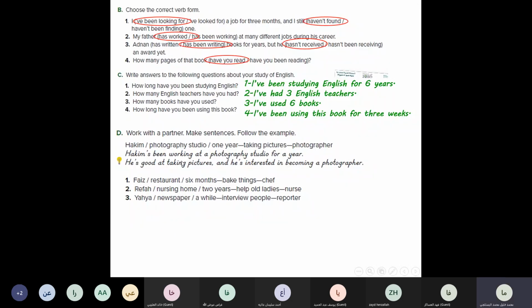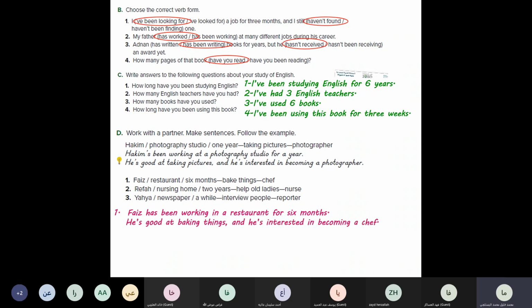Number 1. Faiz, restaurant, 6 months. Bake things. Chef. Yes, Sultan. Faiz has been working in a restaurant for 6 months. Good. He's good at baking things, and he's interested in becoming one day what? A chef. Good. Number 2.